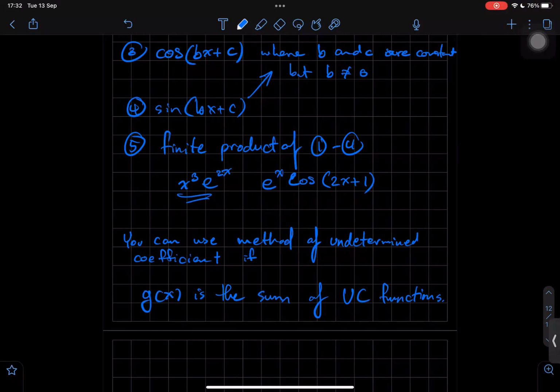Only if not, you cannot use the method of undetermined coefficients.